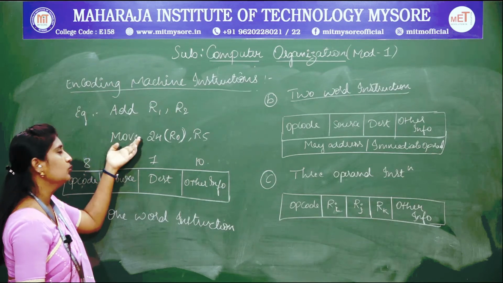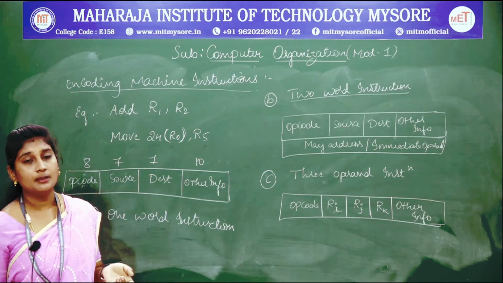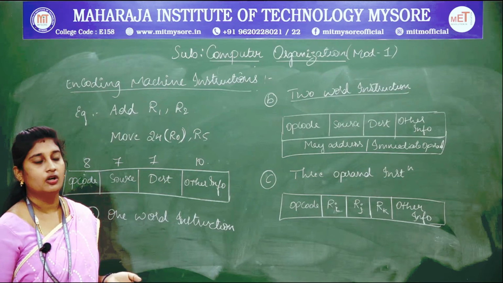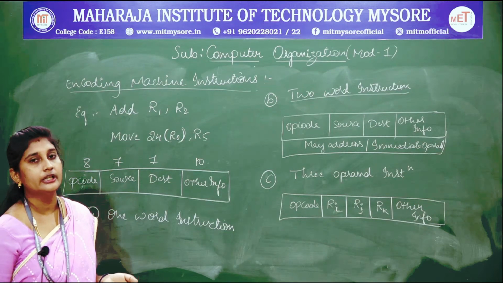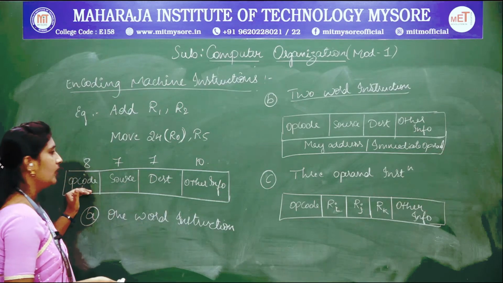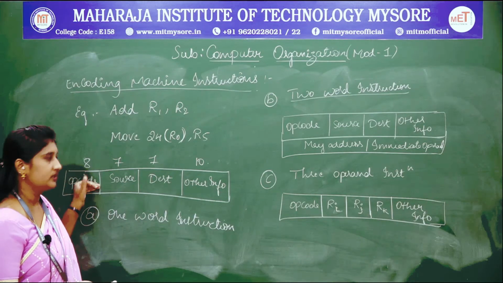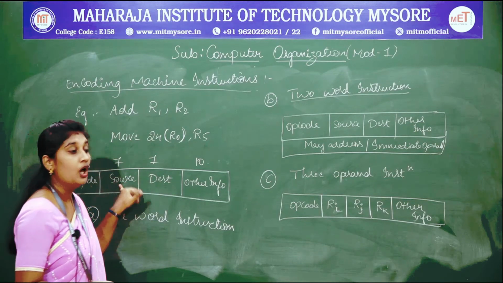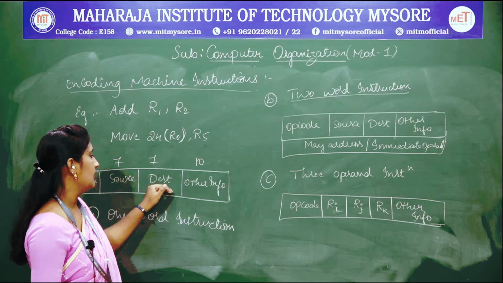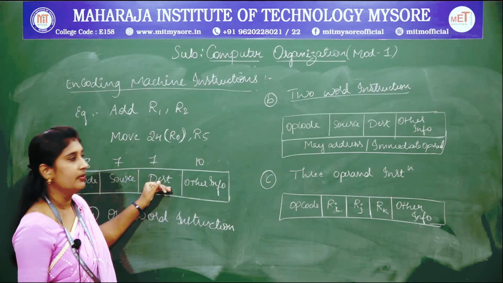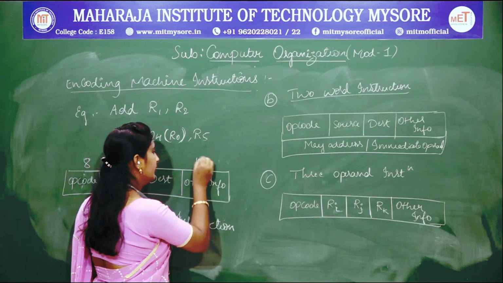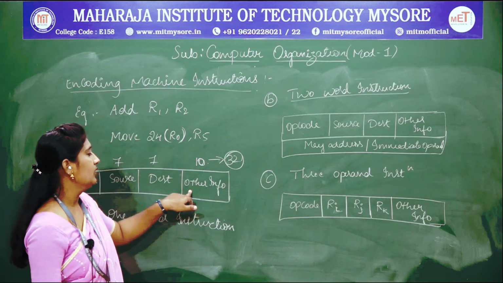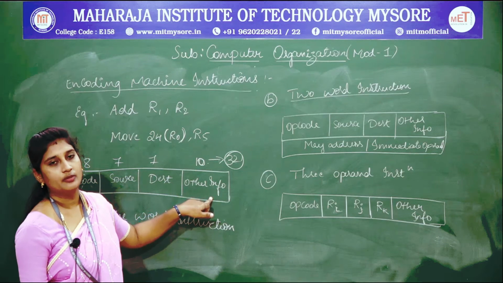It might be add, move, subtract, return, anything; whatever operation needs to be performed, 8 bits are always reserved for the opcode. Next, 7 bits and 7 bits will be reserved for your source and destination operands, and the remaining 10 bits out of the 32-bit positions will be used for other information.